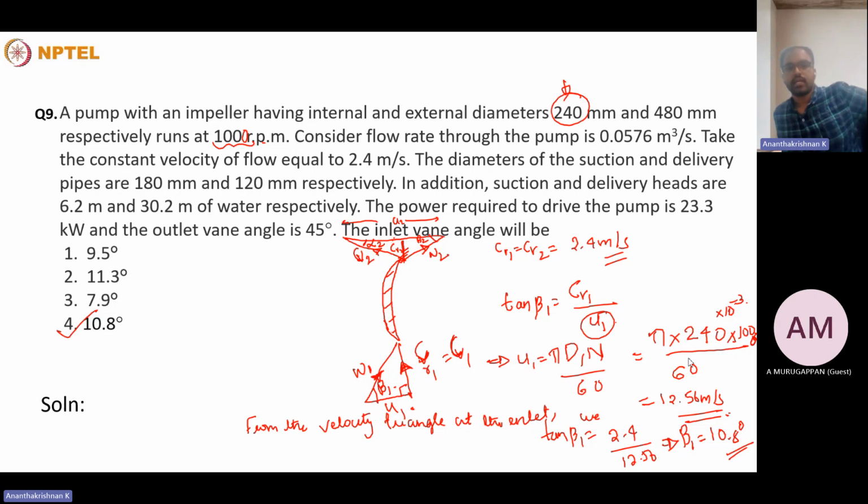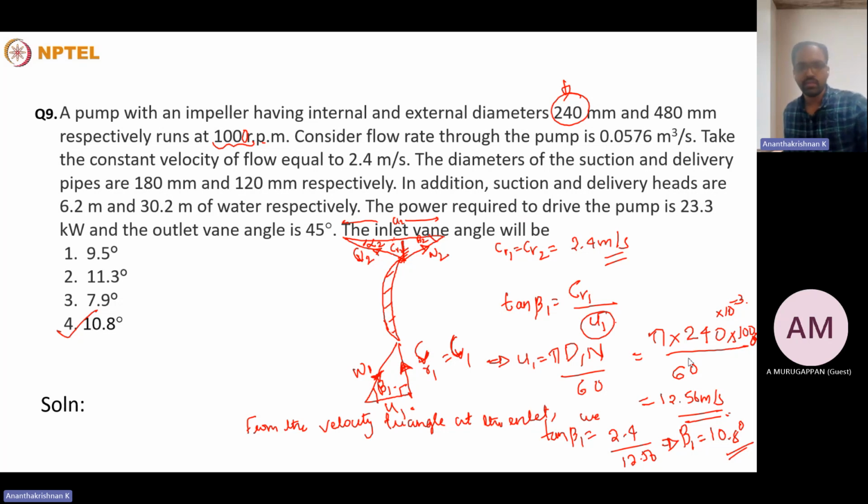So this is considered at the pump datum line, at the inlet to the pump and at the exit of the pump. So we have both these heads, 6.2 and 30.2, which are purely pressure suction and delivery heads. This corresponds to the pressure head terms.